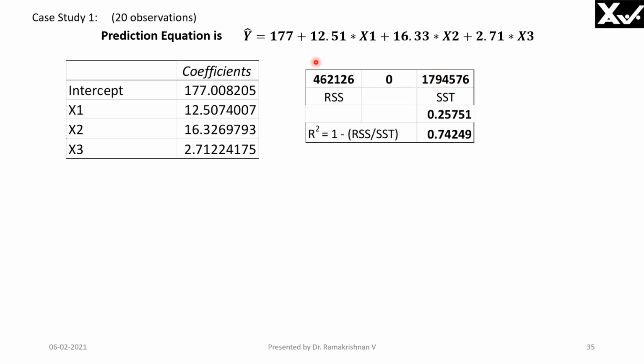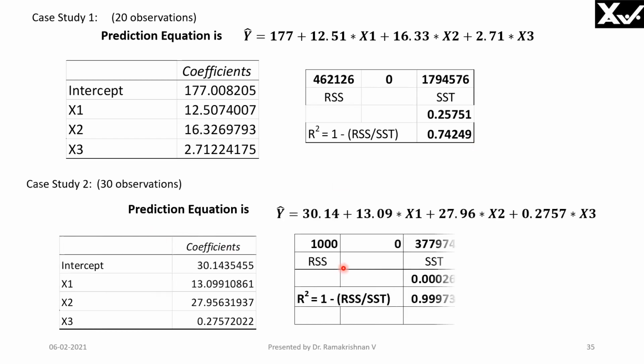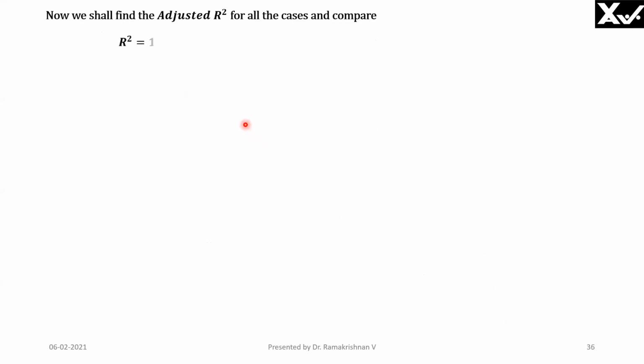Here also we have squared the differences and added. And this is the unexplained proportion of variability, RSS by SST. And 1 minus 0.25 is 0.7425. Similarly, for case study 2, we have found out R squared is 0.999735. Now we'll have to find out the adjusted R squared.